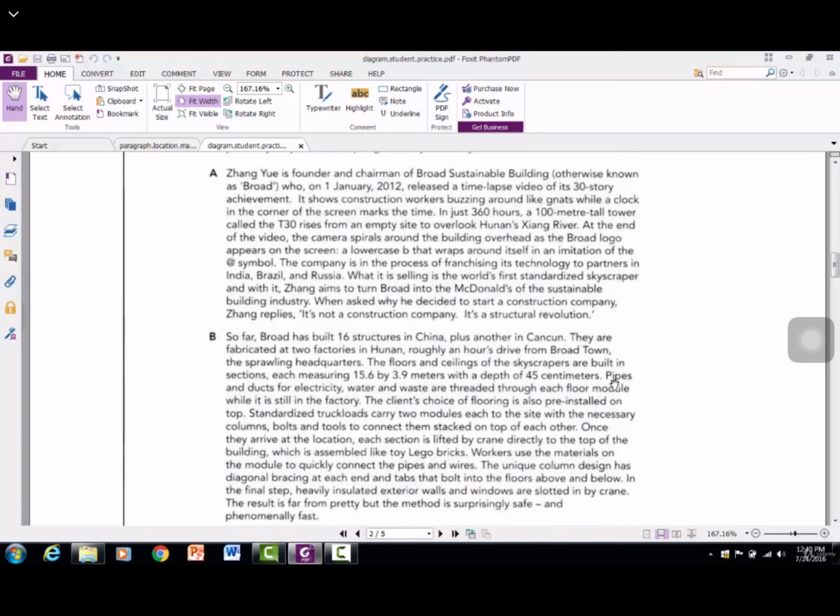I'm right here, everybody. Paragraph B, and I'm in the 1, 2, 3, 4th sentence. It starts with the word pipes. You can see the little hand on the screen. Pipes and ducts for electricity, water, and waste are threaded through each floor module while it's still in the factory.